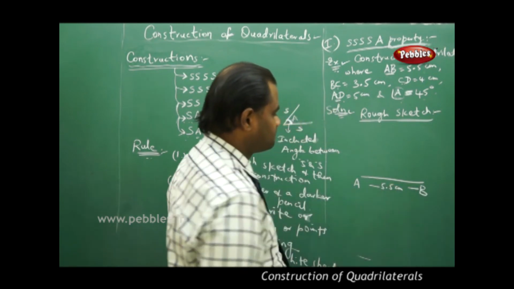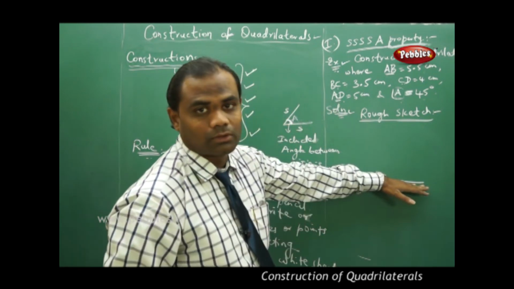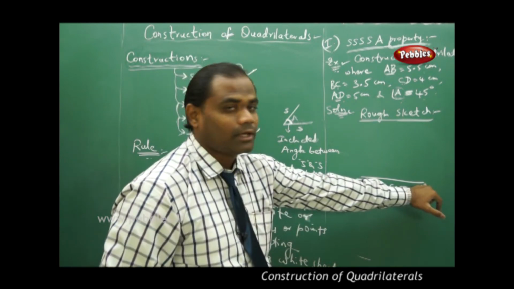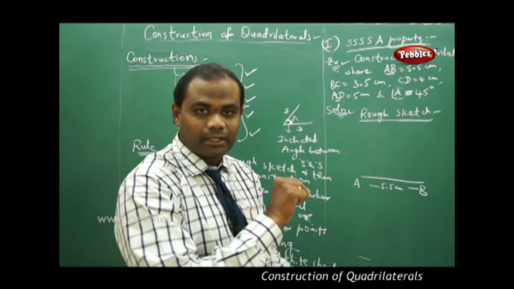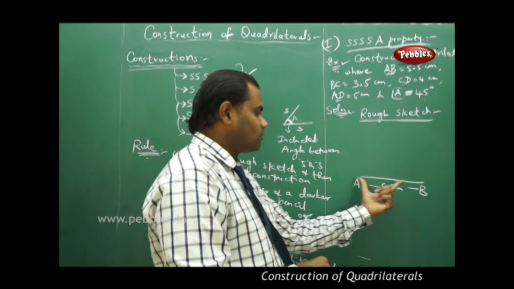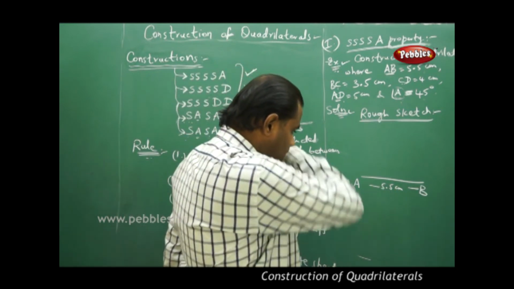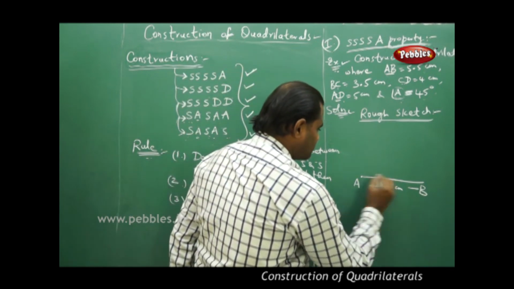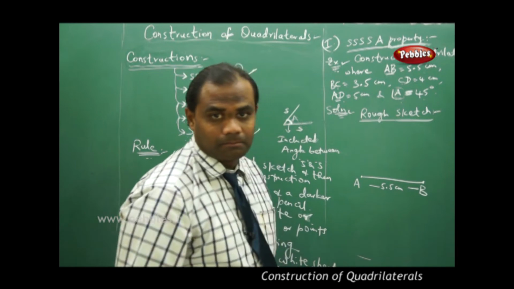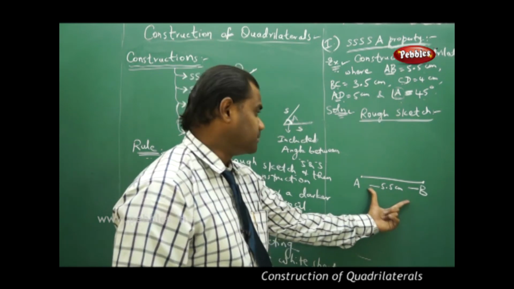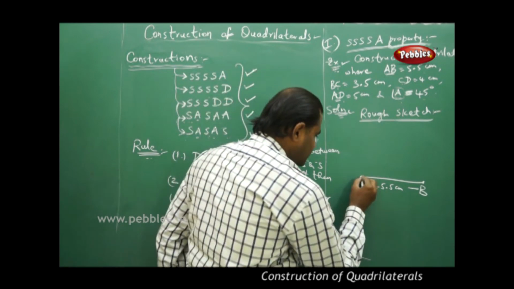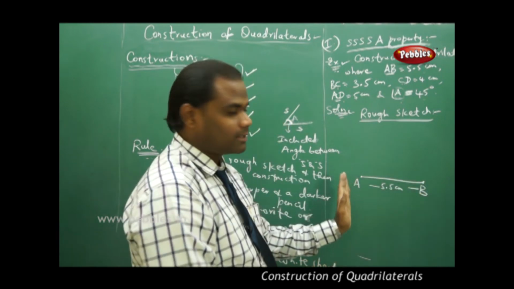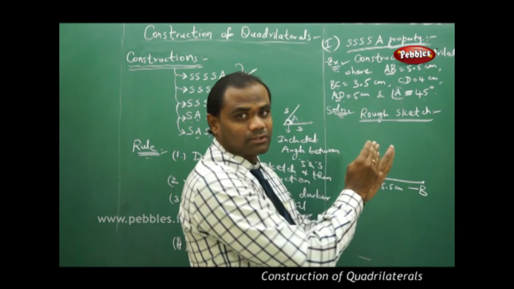Take a ruler, and once the ruler is put on the board, we take the measurement as 5.5 centimeters from A to B. Mark the points and then join the line exactly with the ruler using a sharper and darker pencil. Once I take the base AB with the measurement of 5.5 centimeters, I put the protractor at A and then I find the angle from B. Do not take the angle from the left because that gives the wrong angle.